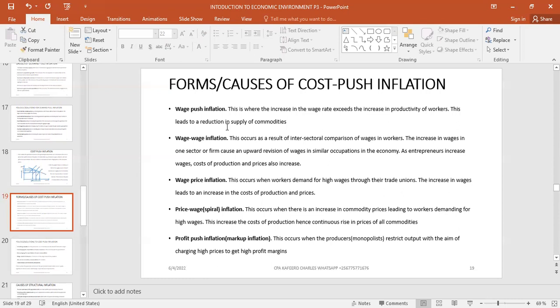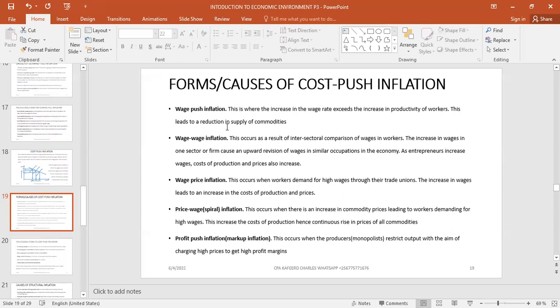The third one is wage price inflation. This wage price inflation occurs when workers demand high wages through their trade unions. You know, these trade unions, let's say for the medical workers, they go on strikes. When they go on strikes, they use their own trade unions to demand more pay.